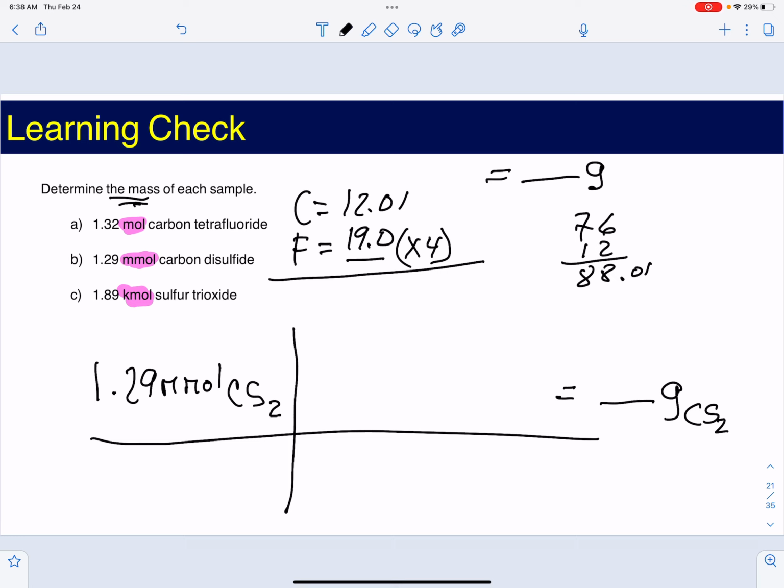So I do not want the millimoles, right? Because I want the grams. And immediately we said, I haven't seen millimoles related to grams. I always see moles related to grams. So that means you are not ready for this part. You're going to have to go to moles first.